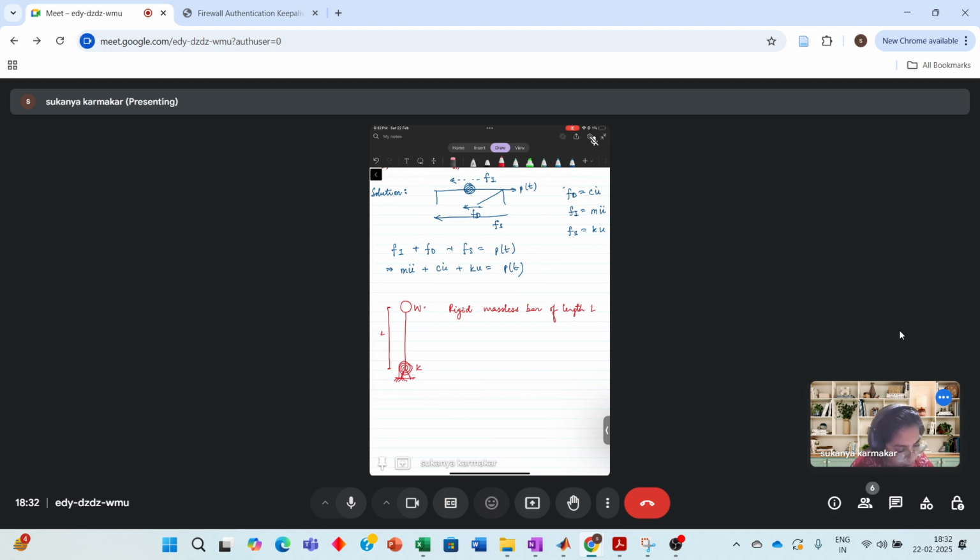That is, when you move it to this position, just assume that the deflections are small. My drawing is very bad.